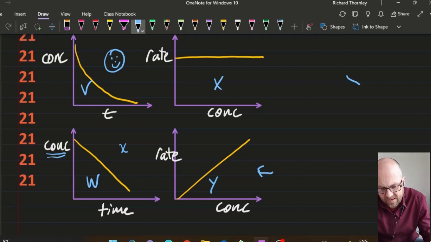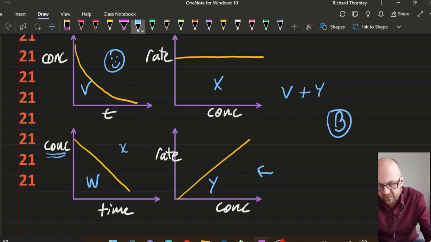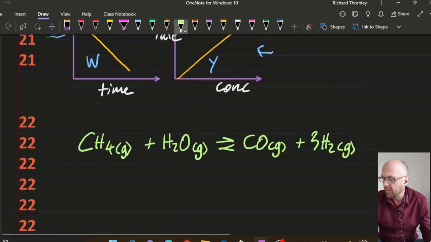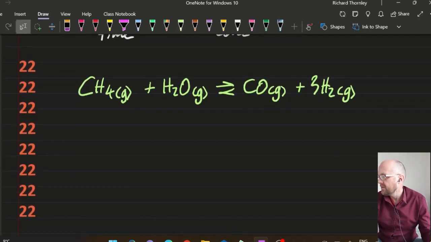So it's going to be V and Y, which is B, 21B. Just for completeness, if it was a straight line, that's going to be the zero order. And if it's some ridiculously steepish curve, it's going to be second order for that. All right, 21, done. 22.